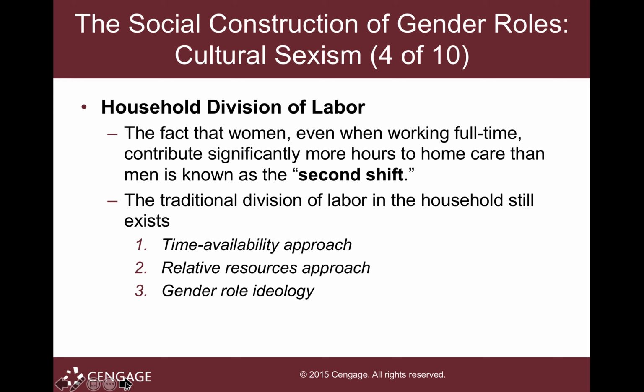A lot of women have this second shift, and I'm not saying that men don't, and I'm not saying that there aren't men that have a second shift, because we're seeing society move towards that, but historically men have not partaken in the second shift. The traditional division of labor in the household still exists. It's time availability approach, relative resource approach, and gender role ideology.